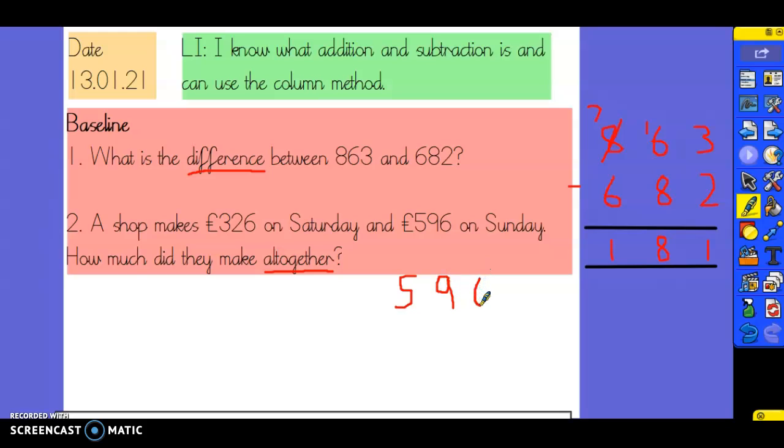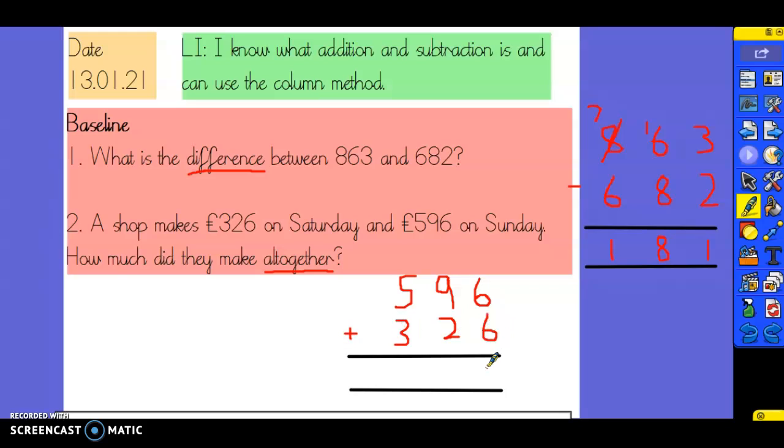We are adding 326. Creating our total lines. Right. As always, start in the ones column and move across.